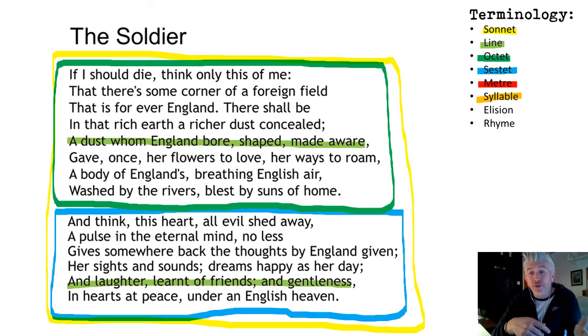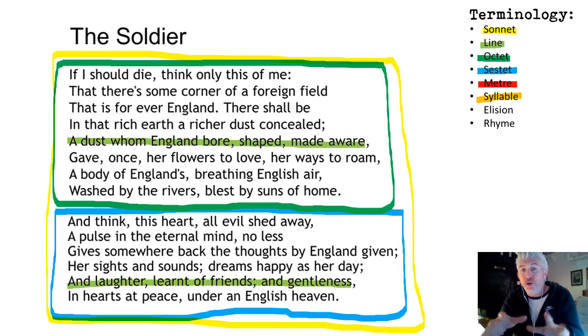Dee dum, dee dum, dee dum, dee dum, dee dum. That there's some corner of a foreign field that is forever England there shall be. In that rich earth a richer dust concealed. You get the idea? So the whole poem, if the meter is consistent, can be read in that slightly weird way. Sonnets have that feature.